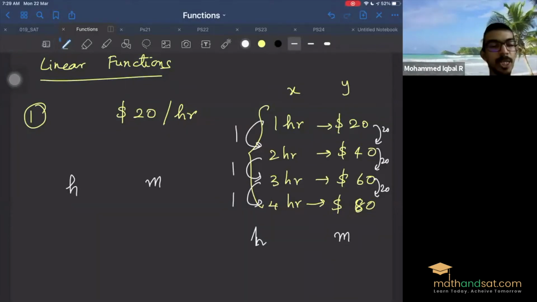Given that you are being paid $20 an hour, please tell me the relationship between h and m, the number of hours you spend and the money you make.